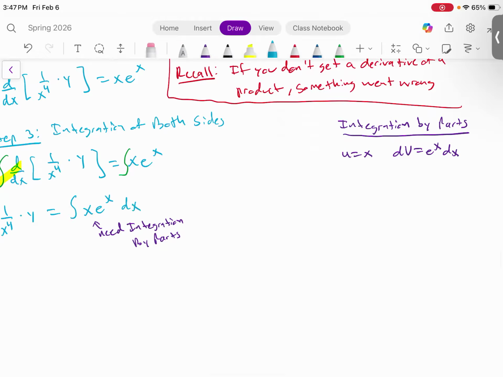Oh, forgetting a little dx there. Okay, but u and dv, that means du would just be dx and v would just be e to the x. So this one's definitely a simpler integration by parts that we can have. And remember the method, it's uv minus the integral of v du.